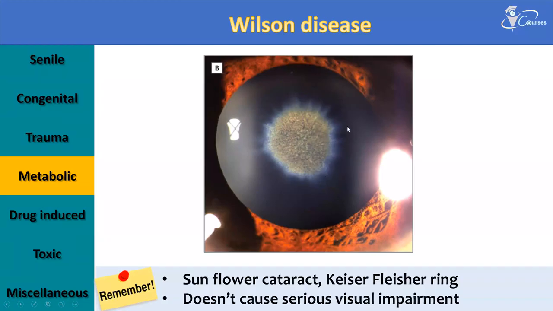Here is a more obvious photo of the sunflower cataract. So the Wilson disease cataract and the myotonic dystrophy cataract are very common questions in the exams.